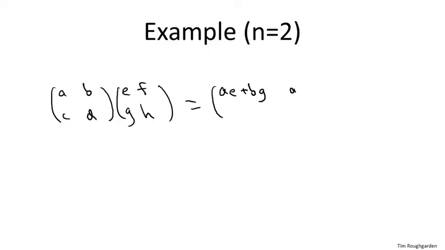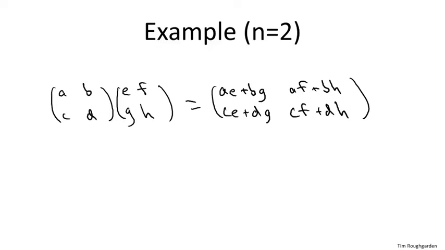To get the upper right entry, we take the dot product of the top row of the left matrix with the right column of the second matrix. So that gives us AF plus BH. And then filling in the other entries in the same way, we get CE plus DG and CF plus DH. So that's multiplying two matrices, and we've already discussed the definition in general.